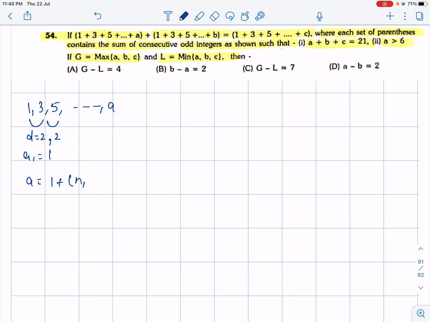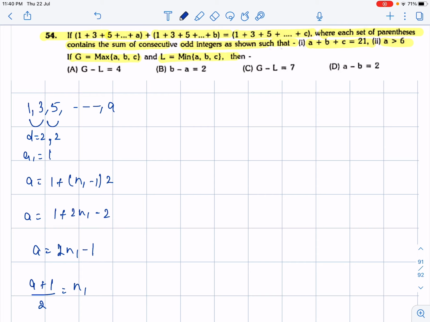Let us suppose n1 terms are there: 1 plus n1 minus 1 times 2. Let's simplify it: A is equal to 1 plus 2n1 minus 2, that means A is equal to 2n1 minus 1. That means A plus 1 by 2 is equal to n1.